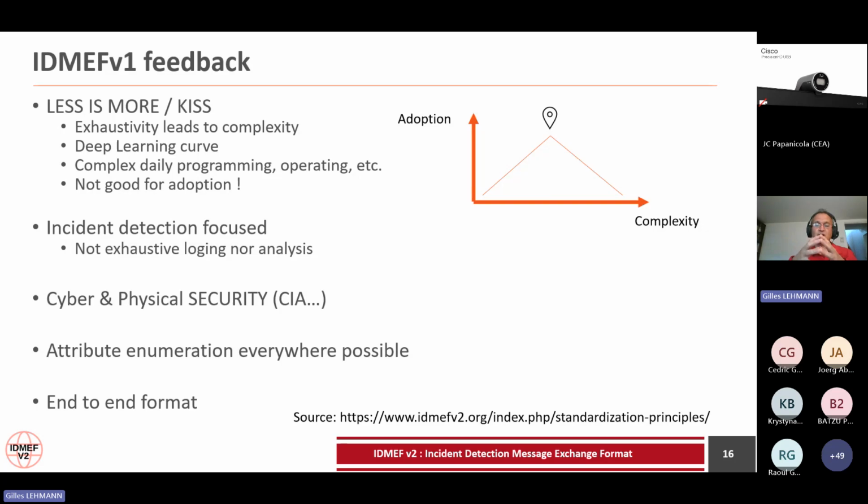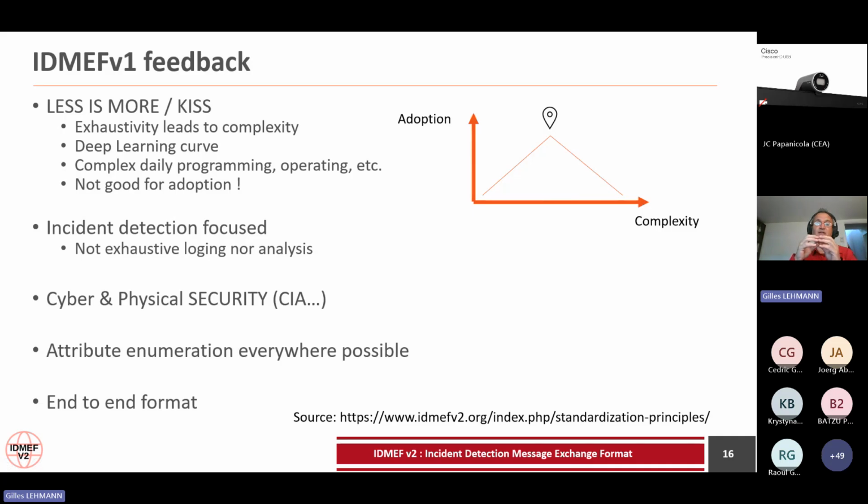So the first goal of IDMEFv2 is to prefer simplicity. This little schema shows that you have to reach a point of complexity where you have the best adoption. If you have something too simple, it's useless, so people won't follow.